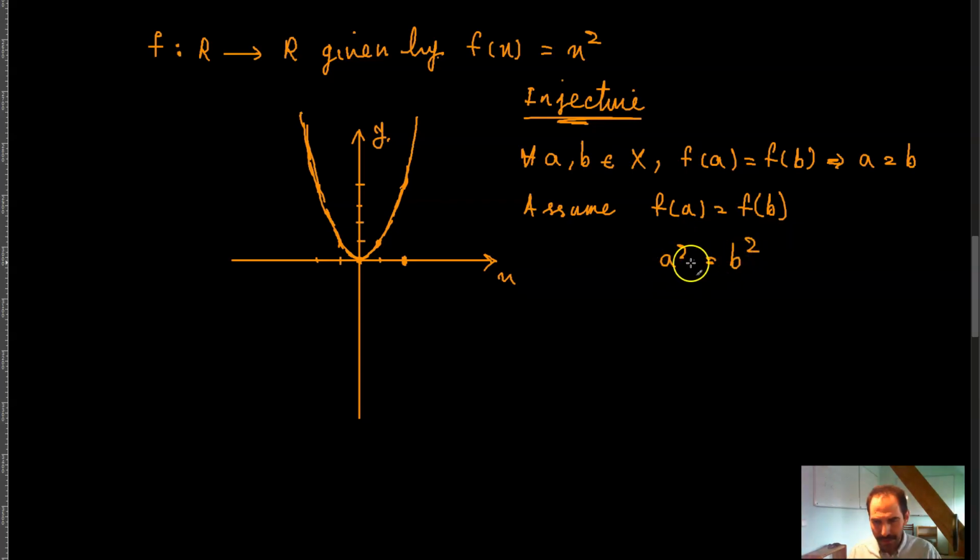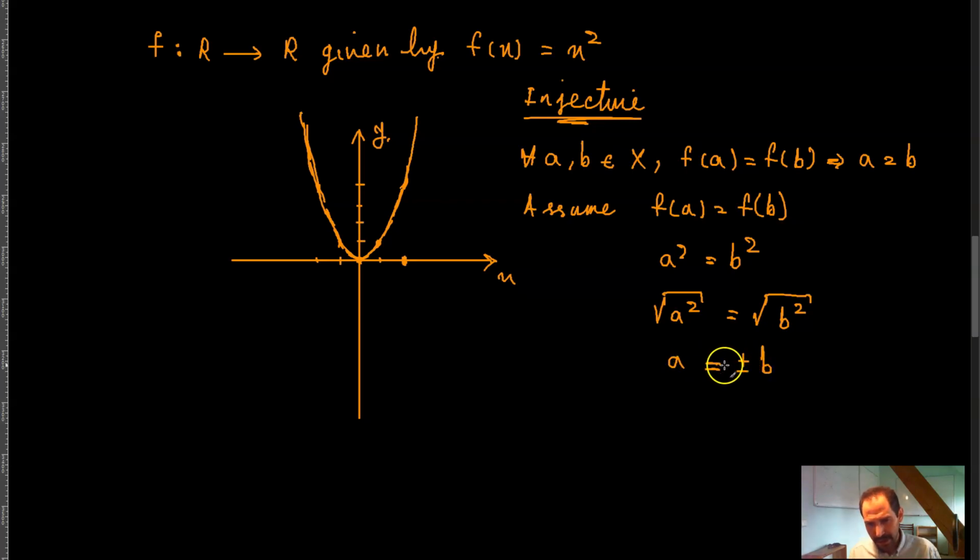Now again, if I take the square root of both sides of this equation, I get the square root of a squared is equal to the square root of b squared. Since a and b belong to the set of real numbers, and they can be negative or positive, that means that a is equal to plus or minus b.